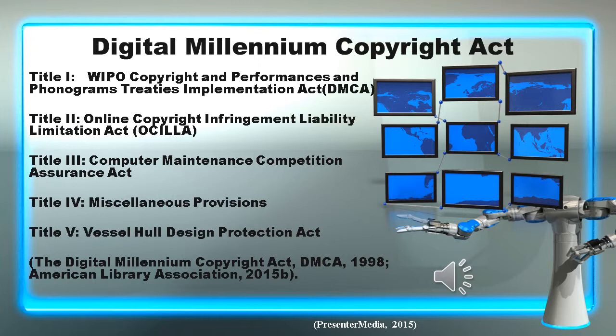The DMCA is divided into 5 titles. Title 1, the WIPO Copyright and Performance and Phonogram Treaty Implementation Act, amended U.S. copyright laws to be in compliance with a couple of WIPO copyright acts.